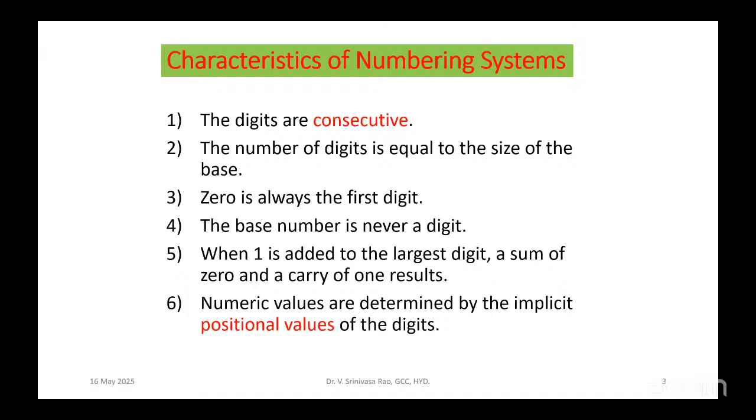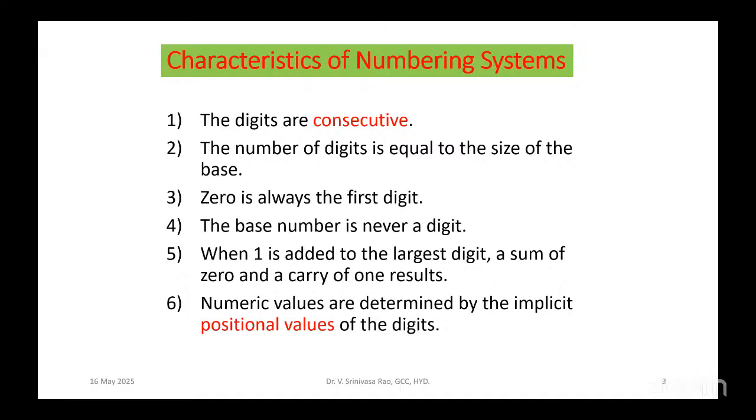Consecutive means immediately the next number will come. So if you represent 0, immediately after 0 comes 1. After 1, 2. Like that. So the digits are consecutive. This is the first characteristic of a numbering system.